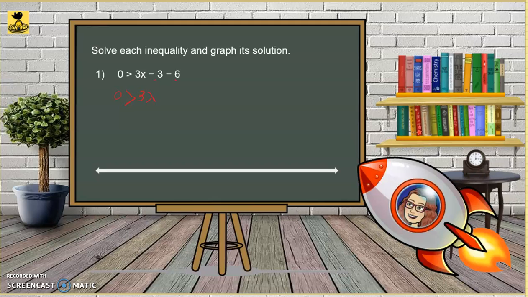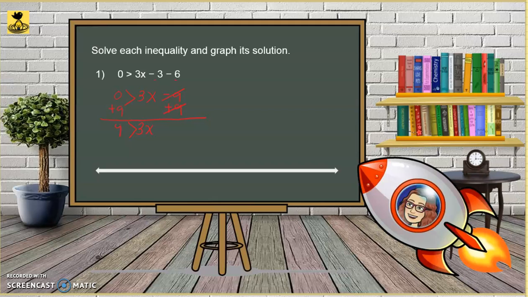Negative 3 minus 6 is negative 9. We don't want minus 9, so we apply the addition property of inequality, and we're going to add 9 to both sides. Then we can cancel out minus 9 plus 9, and we bring down 3x is less than 0 plus 9, which is 9.